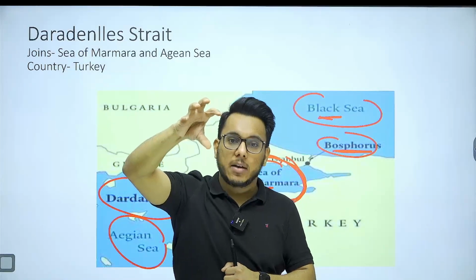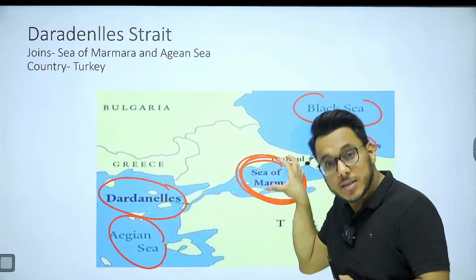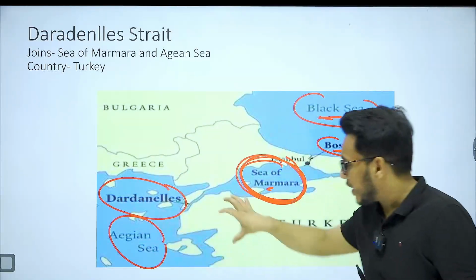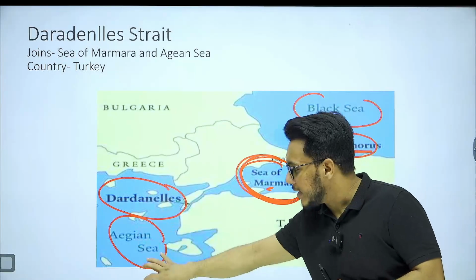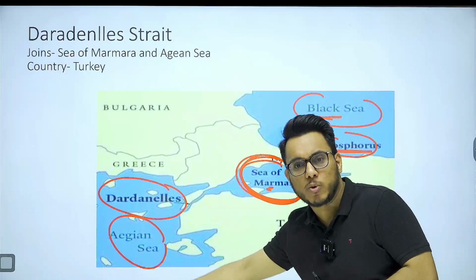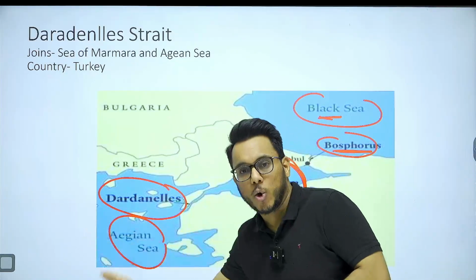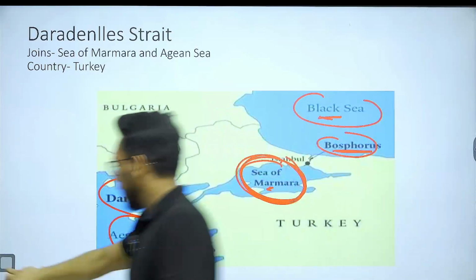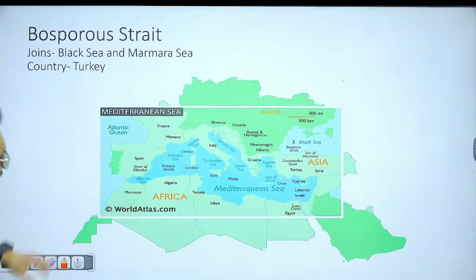First you will enter the Bosphorus Strait. Then you will go to Sea of Marmara. Then you will enter Dardanelles Strait. Then from Dardanelles Strait you will come to Aegean Sea. Then further from Aegean Sea you will come to Sea of Crete, and then you will go towards the Mediterranean Sea. Let me show you these particular locations here also.